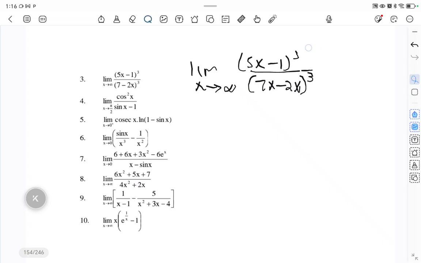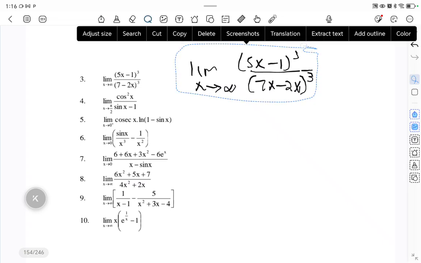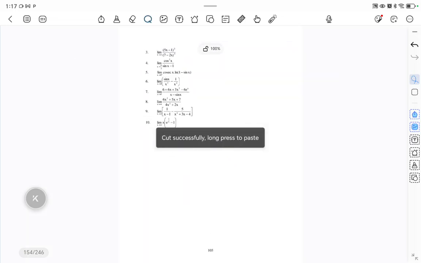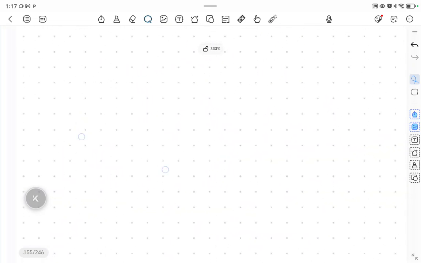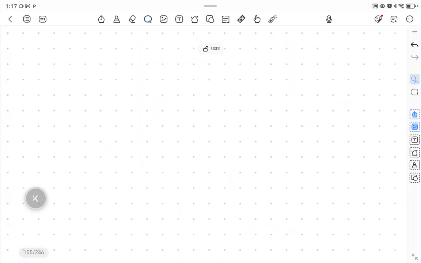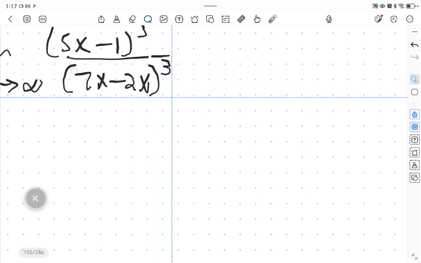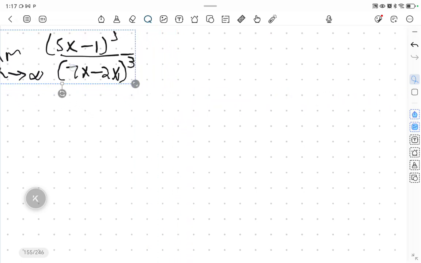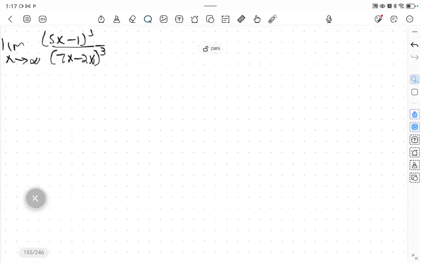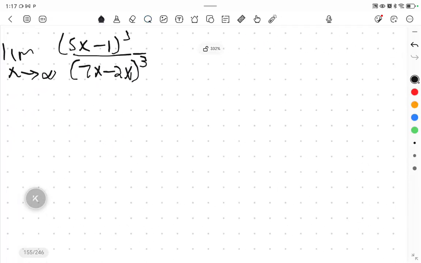So I can just carry this, I can just cut this out. So what we do first is we check the form. Well, what form is this? What is this indeterminate form? The form is, if I substitute infinity on the numerator, I get infinity, denominator, I get infinity.